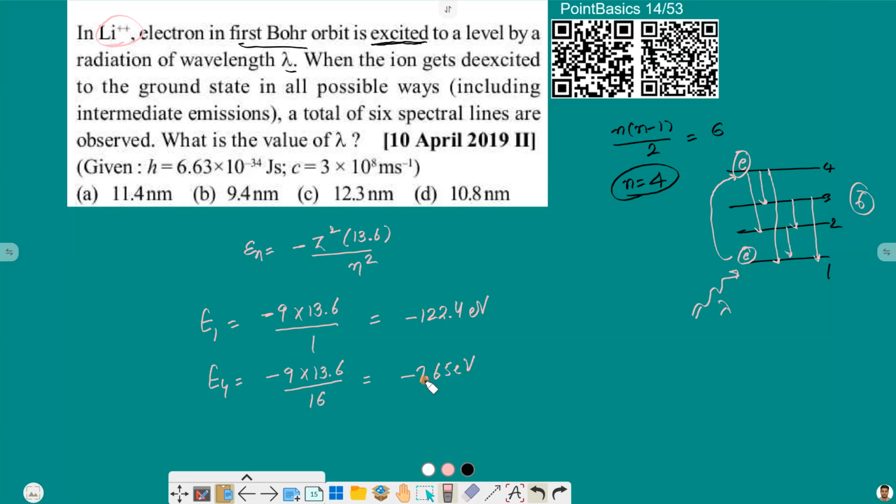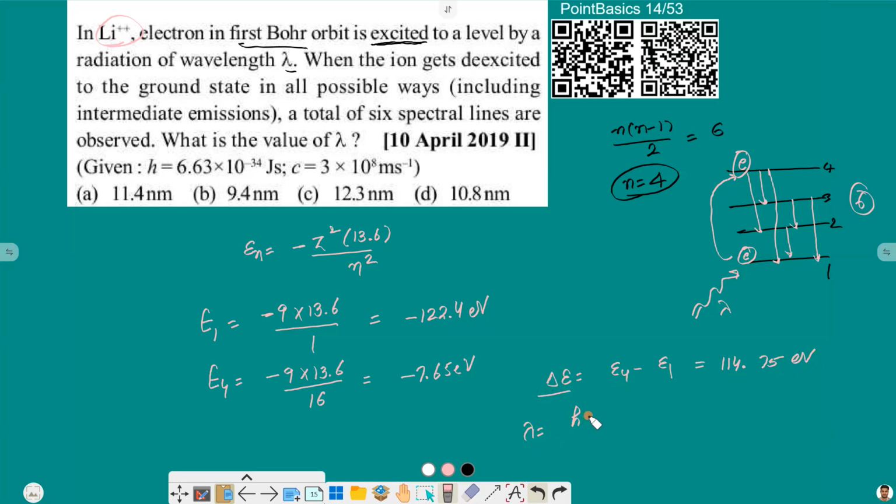7.65 electron volt. So now the difference E4 minus E1 will be equal to 114.75 electron volt, and from this difference we can calculate lambda.